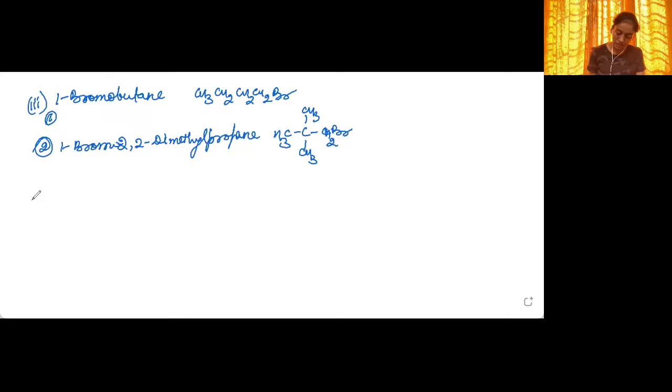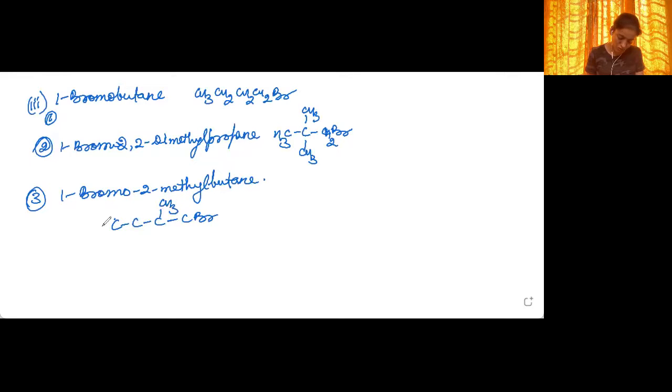Then the third molecule is 1-bromo-2-methyl butane. 1, 2, 3, and 4. First position it is bromine, second position it is CH3.